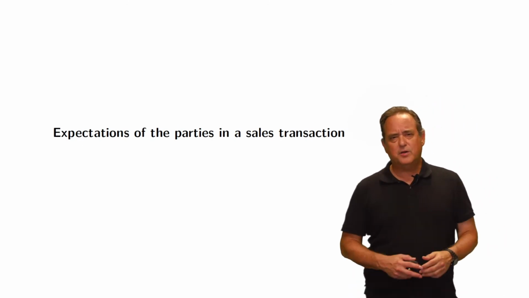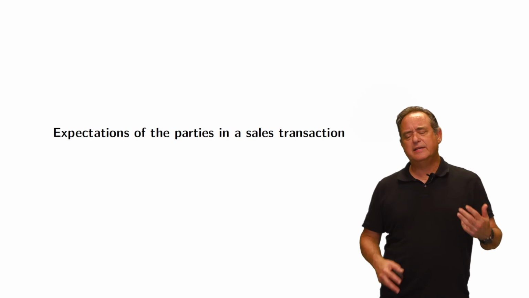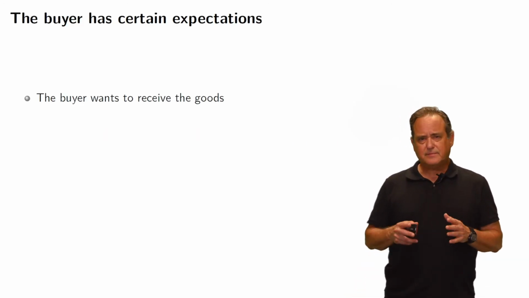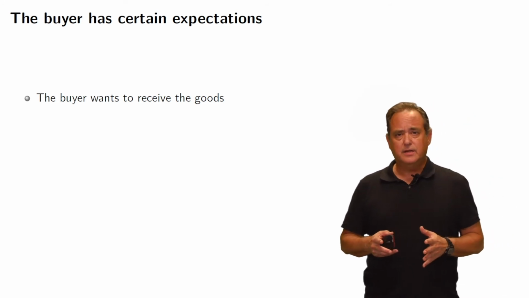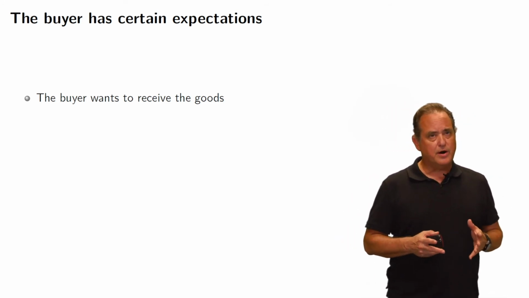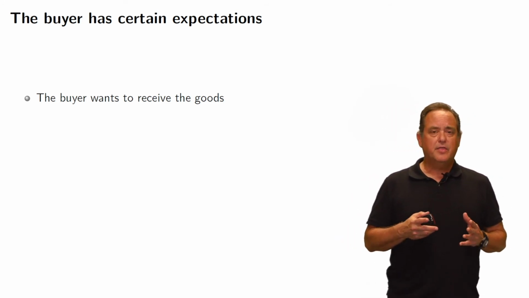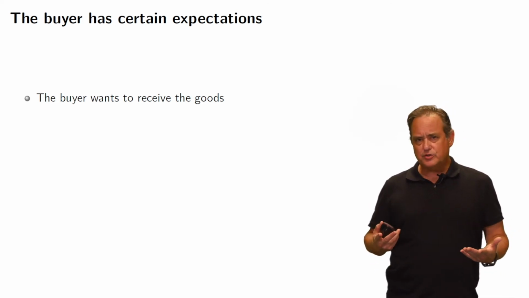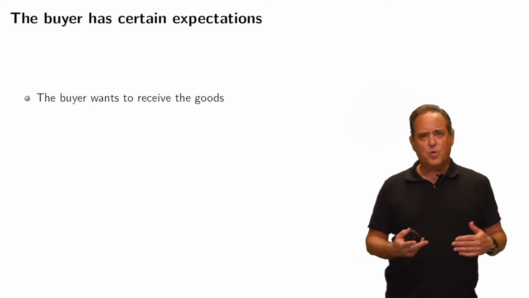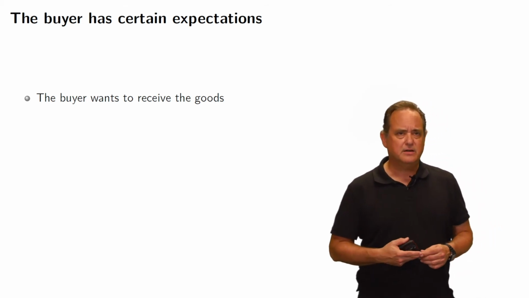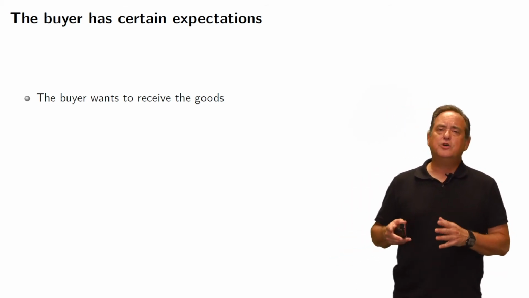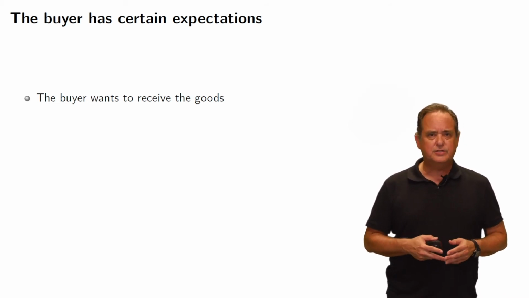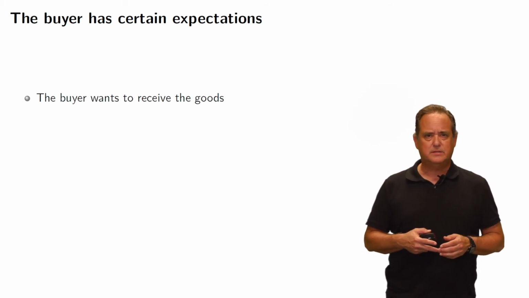So let's talk about those expectations first, expectations of the parties in a sales transaction. Now, in any sales transaction, there's always going to be two parties. There's going to be the buyer and the seller. And we'll be using those terms a lot in the second half of the course, the buyer and the seller. And each of those parties has certain expectations when they enter into the sales agreement.